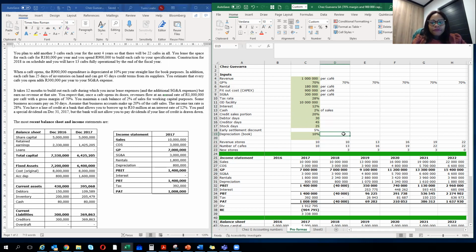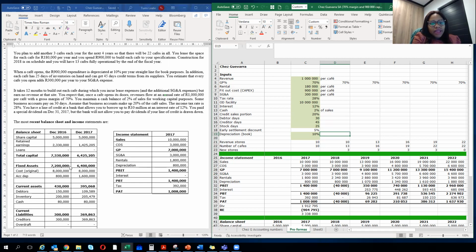You'll notice in the information that's been provided of what's actually happened as a result of the 10 stores, they've given you here an income statement for 2017 for your 10 stores. All you have to do is copy that across into 2017. That has been provided. And then for 2016 and 17, they've also provided you a balance sheet here.